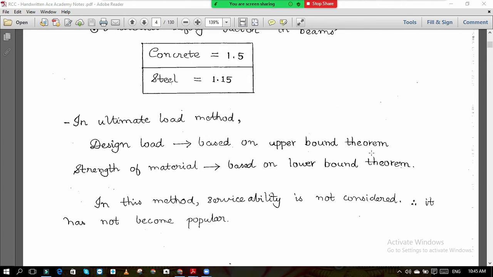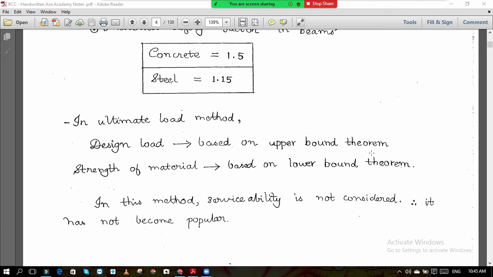These are the key points I am telling you, as this is our first lecture. But when we solve the objectives on these different methods, at that time we will go deeper into this. What exactly is the meaning of the stresses in the material being considered, how are those considered, why that method is not popular and why it is not used.